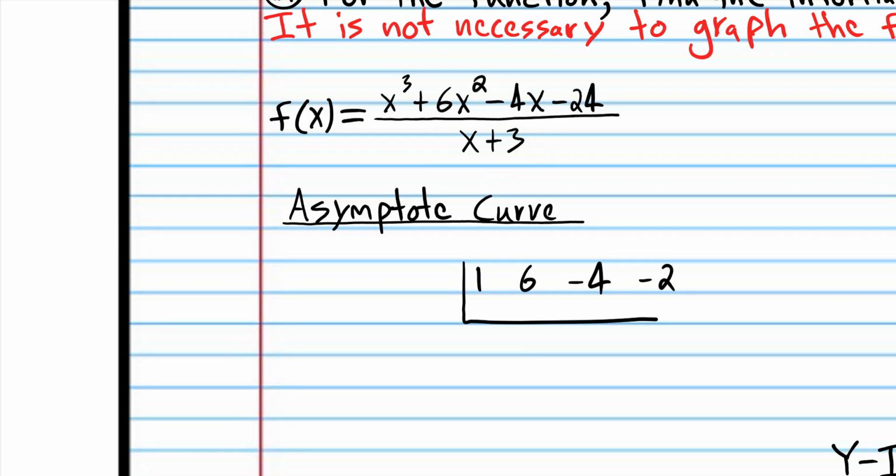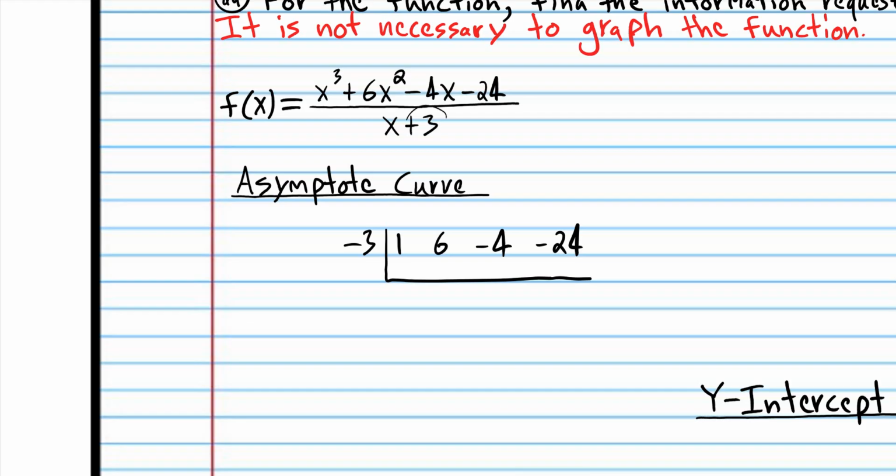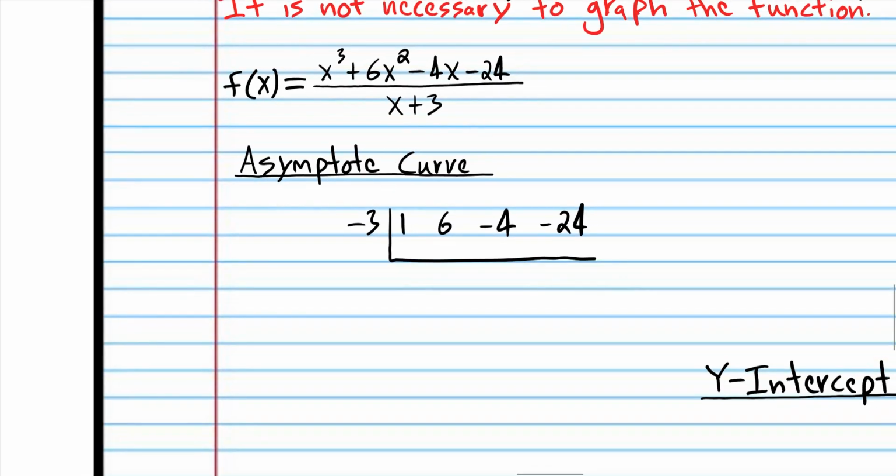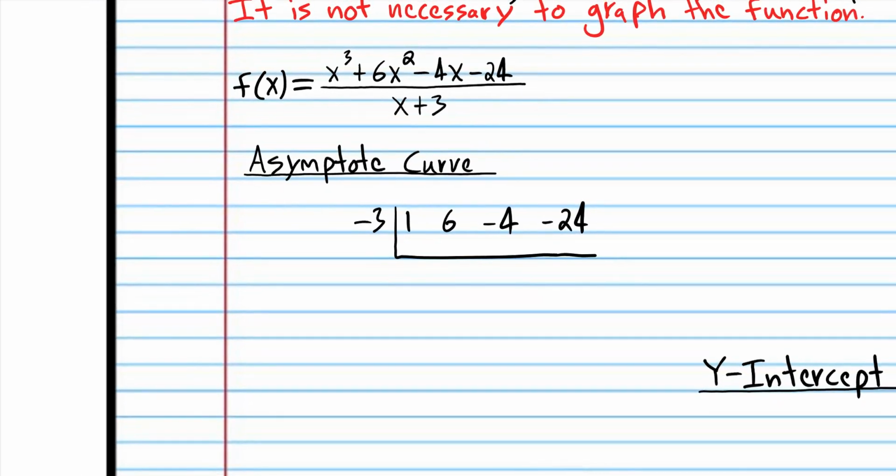So let's set this up, and we're dividing by -3. Remember, it's the opposite sign if you're actually looking at the factor that you're dividing by, or not the factor, but the divisor.